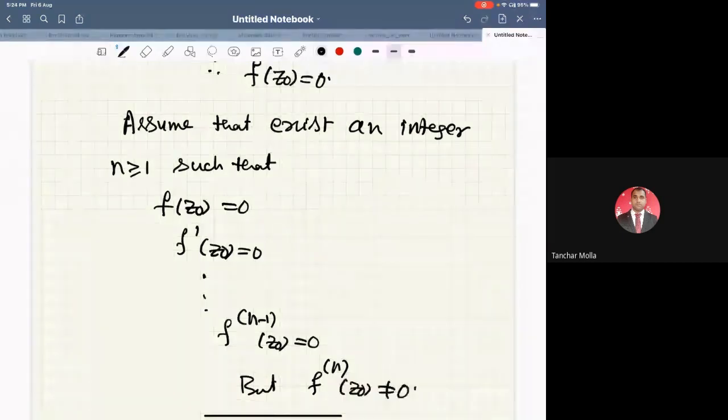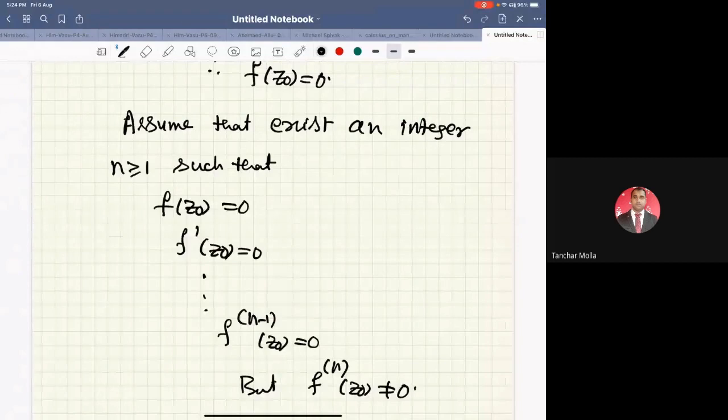That means what we are saying? We are saying that z naught is a zero of order n.